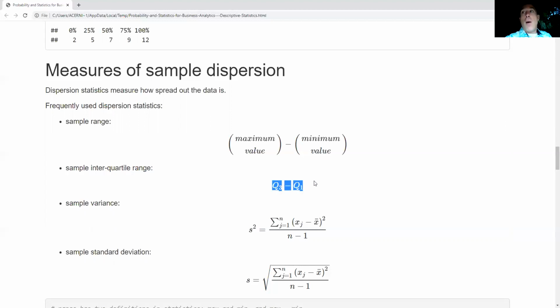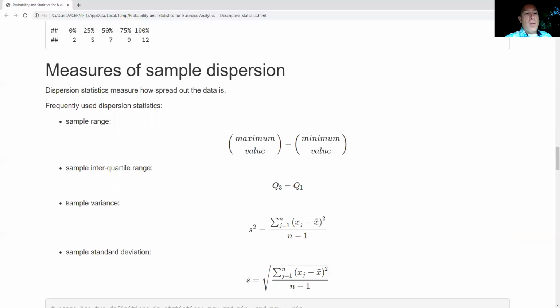This range of values will cover about half of my data, the middle half. This is a very good one to use, and I'm really using all of my data for these computations, so it's not prone to problems like the sample range.